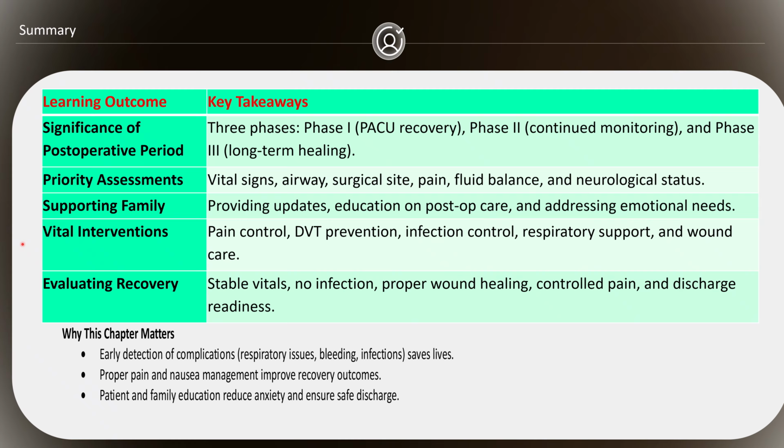Follow the surgeon's instructions for bowel movements, but urinary output is always mandatory to look for.